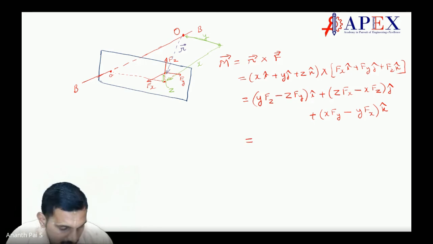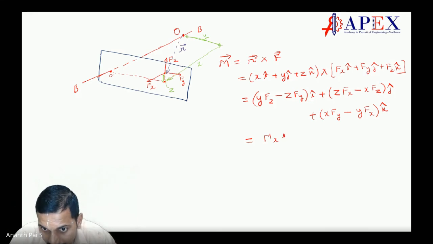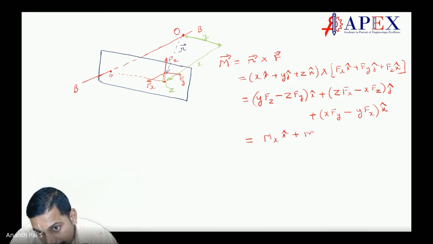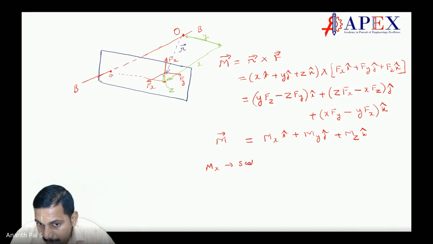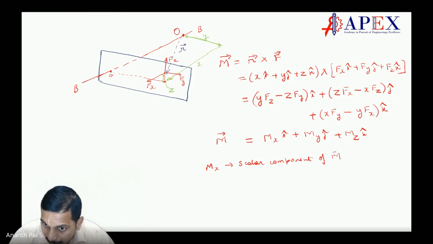This can be written as Mx i plus My j plus Mz k. So this is my moment vector, and here Mx is the scalar component of M along the x axis. So what is this?